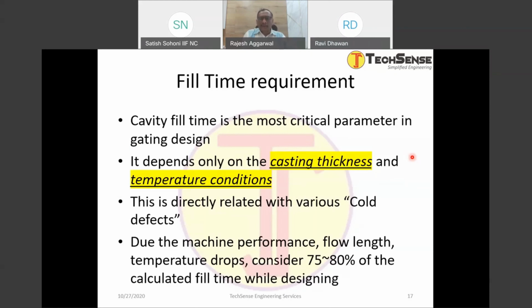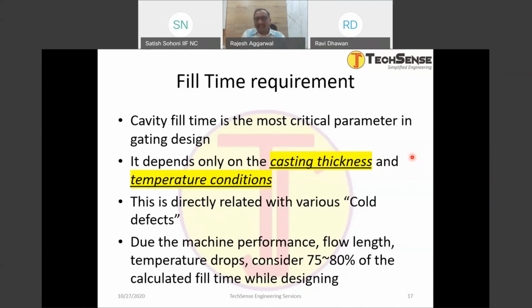Due to the machine performance, flow length, temperature drops, and other considerations, usually while designing the die, we should consider 75 to 80% of the calculated fill time. Now you will have a question: why don't we consider the safety factor in the initial condition stage itself?